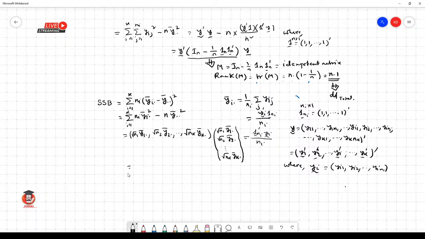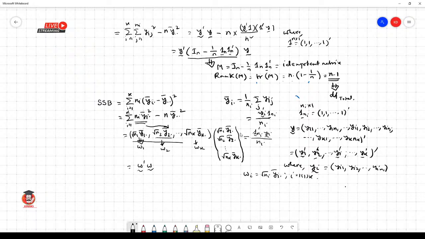So this portion is written as follows. I denote this by W1, W2 and Wk, and then this is nothing but W curl prime W curl, where Wi is root over ni yi dot bar, i from 1 to k.